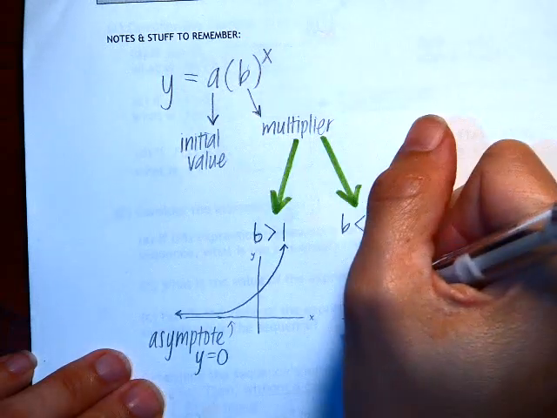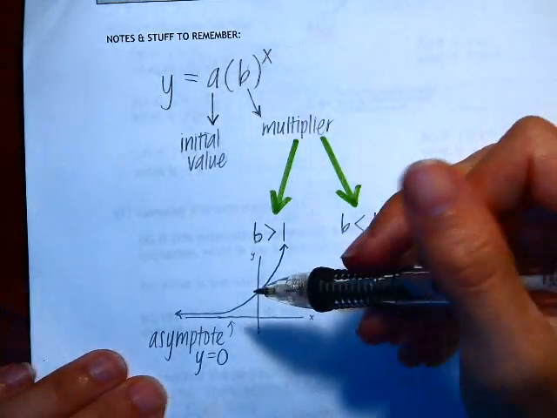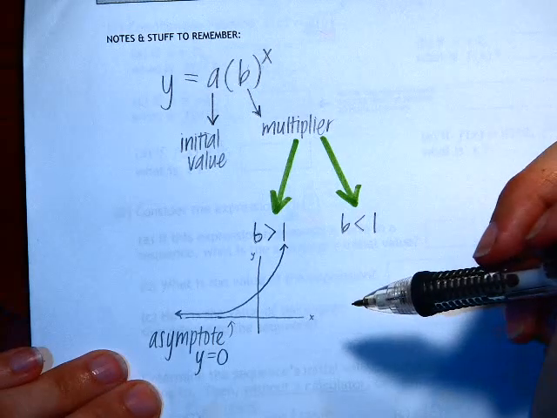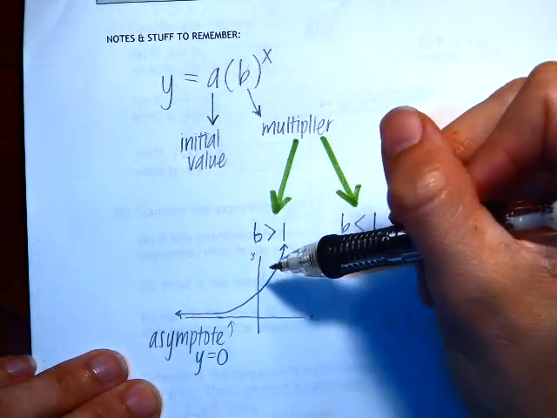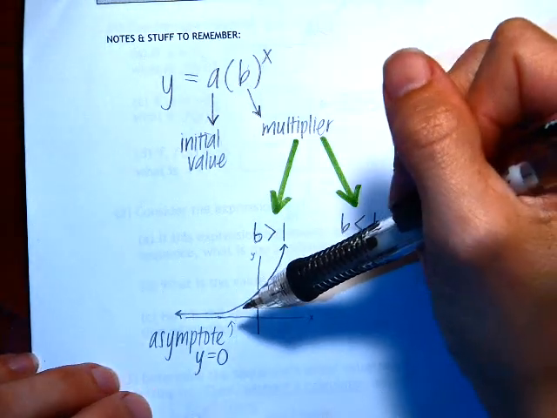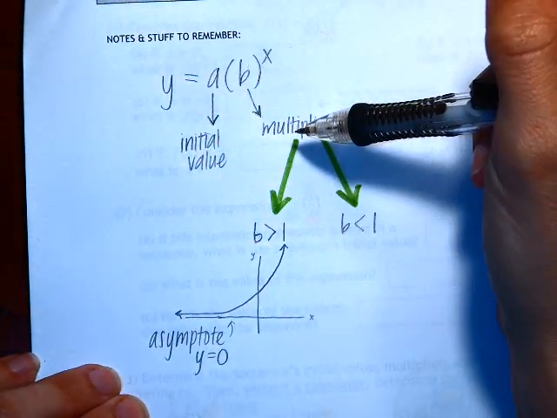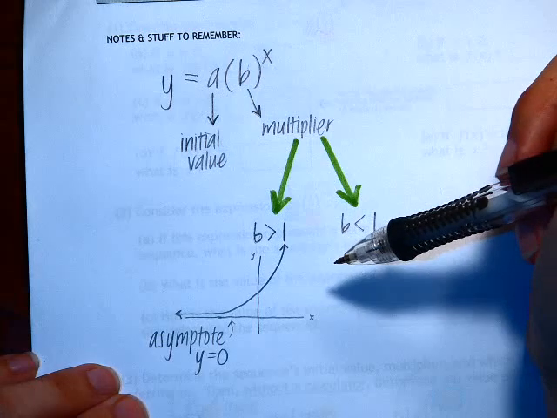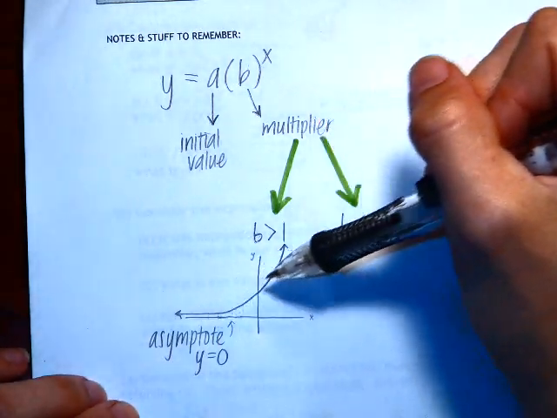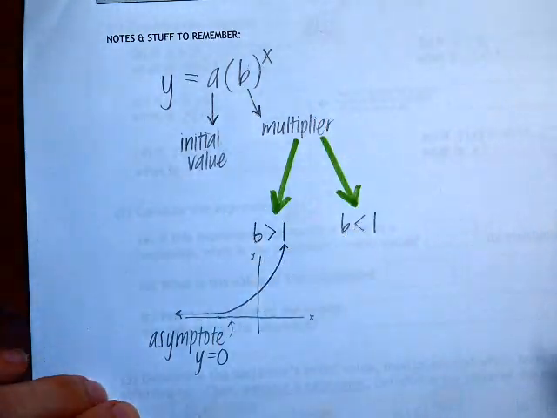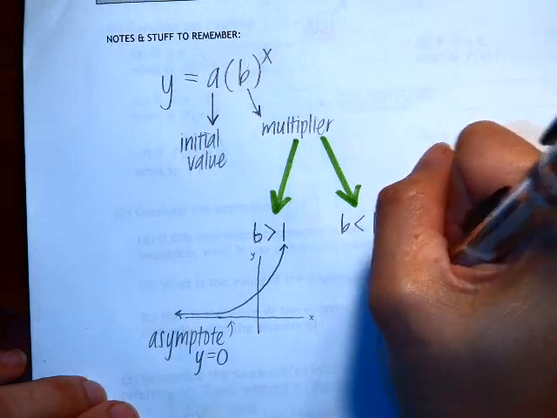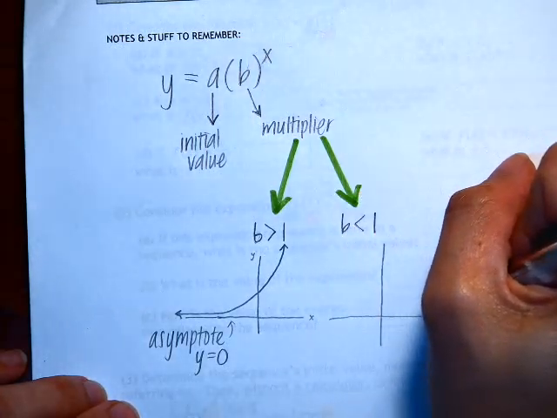That's technically the equation of the x-axis, but it's more just knowing that it's there. Now, the general curve is definitely important to notice, that it's always flat on one side and curves up on the other. But remember how I said a couple of minutes ago that the actual shape depends on the multiplier? Here's what happens if your multiplier is less than 1.